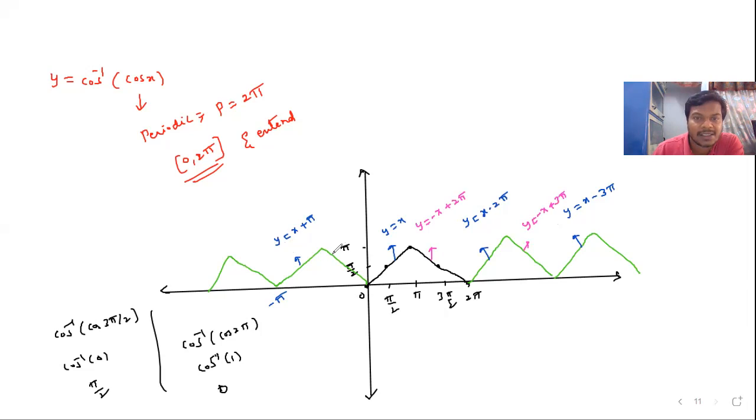And this is the graph of y equal to minus x, and this is y equal to minus x minus pi. When you write x value minus pi, minus of minus pi plus pi and minus pi gets cancelled, 0. So this is about the graph of cos inverse of cos x.